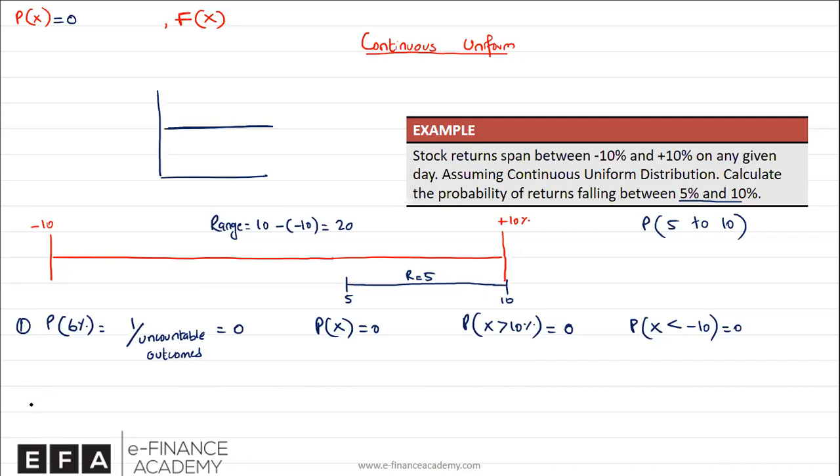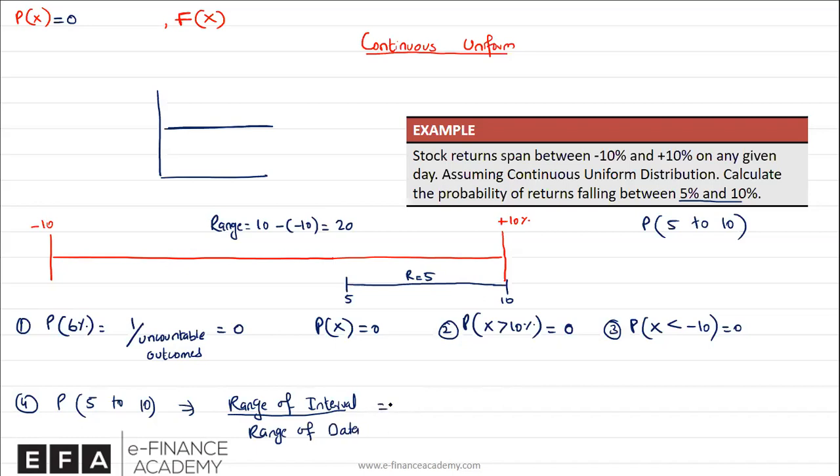Well, let's say this is our question number 2, this is number 3, and the one we are answering right now is number 4, which is the probability of getting an answer between 5 to 10. All you do is divide the range of your interval, which was 5, by the range of the entire data.